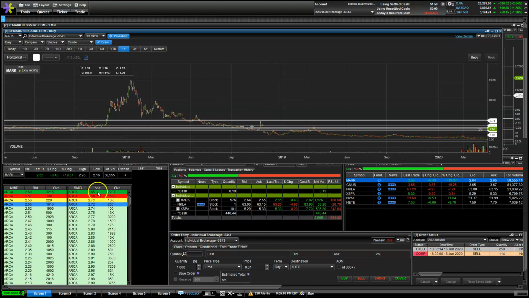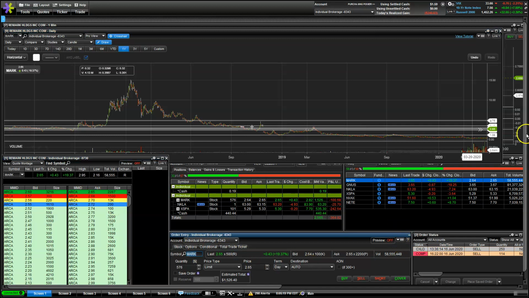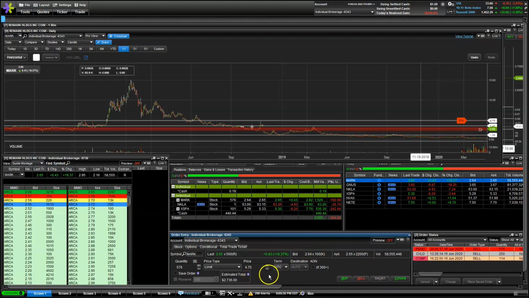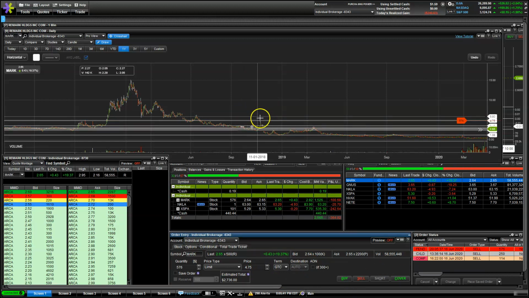I can actually go over that with you right now. 475. So we have Mark, we have a quantity, a price, 475.75, term good till canceled, and hit sell. So what I'm doing is putting in an order that if stock Mark ever reaches the 475 range, I am selling it. No matter what, I'm selling it.